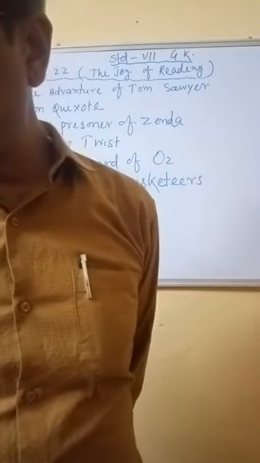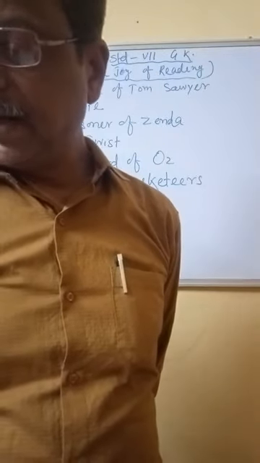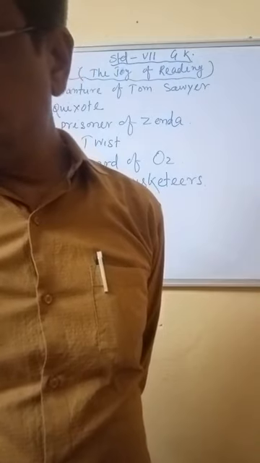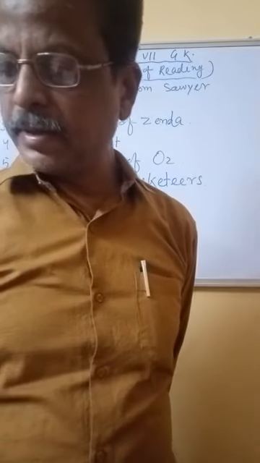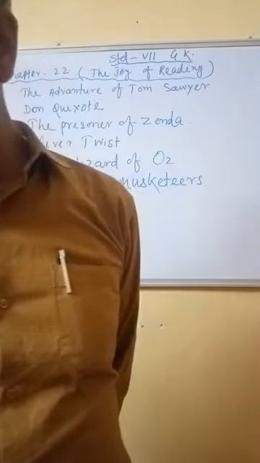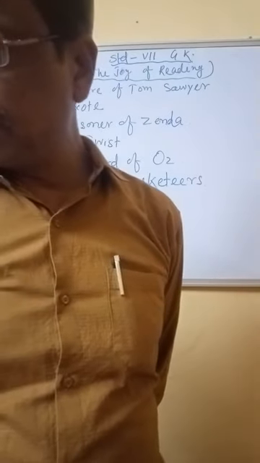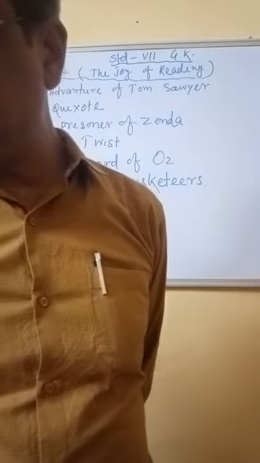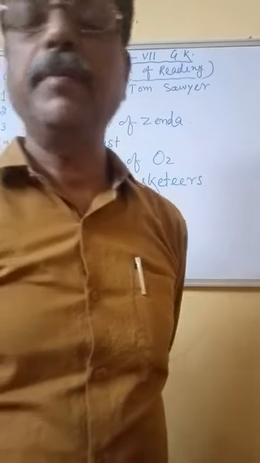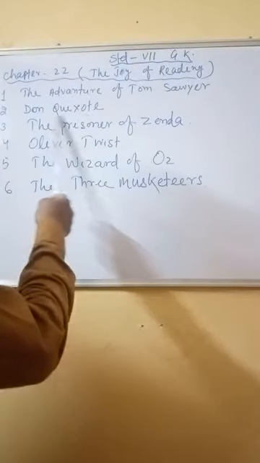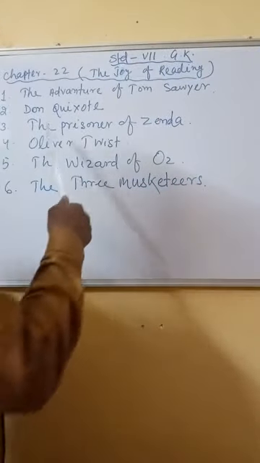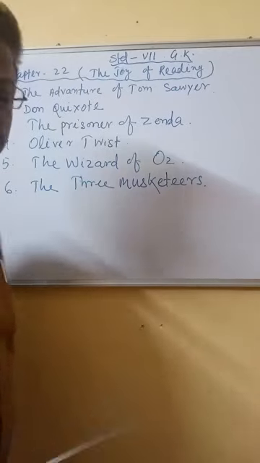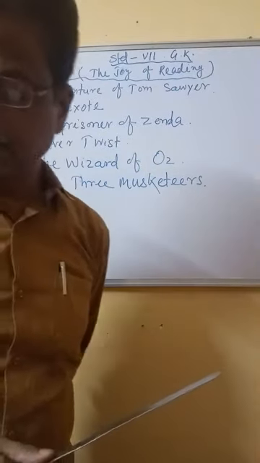He decides to become a knight-errant himself and embarks on adventure with his squire Sancho Panza, a dim-witted village peasant. The book name is Don Quixote. Okay, that is Don Quixote.